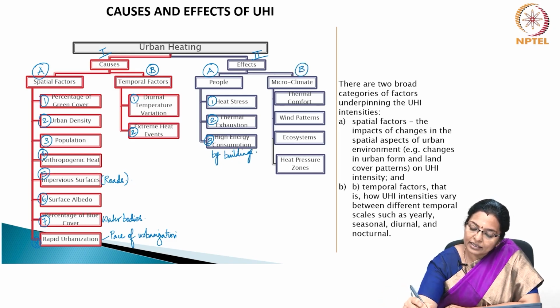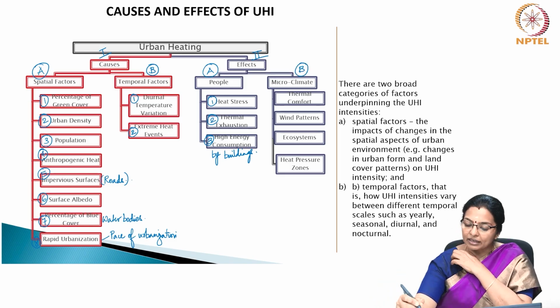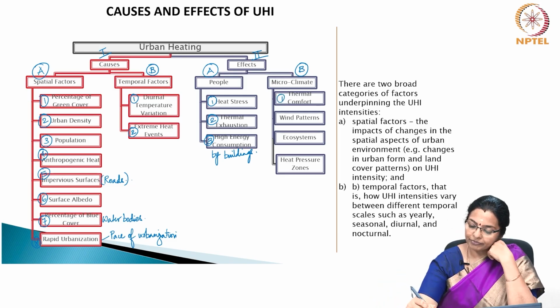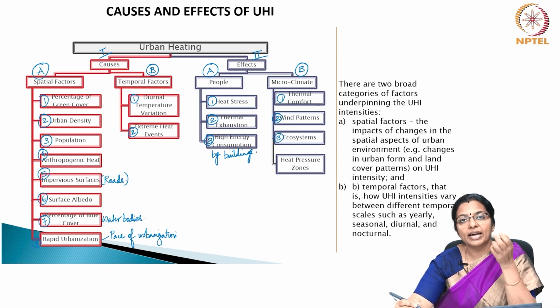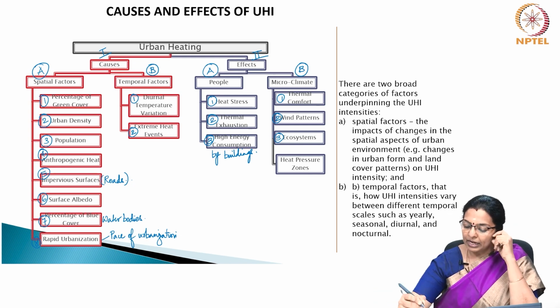The second major effect is on microclimate. So, how thermal comfort gets affected? Wind patterns tend to change. The ecosystem gets affected. Sometimes migratory birds collapse and fall. I'm giving a very small and common example.